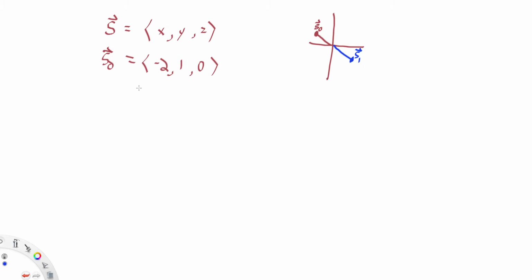We start at some position on our plane. We end up at some other position. What is the displacement that our object has experienced going from S0 to S1?